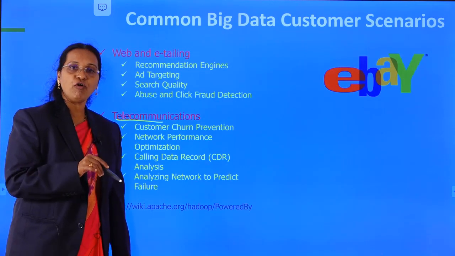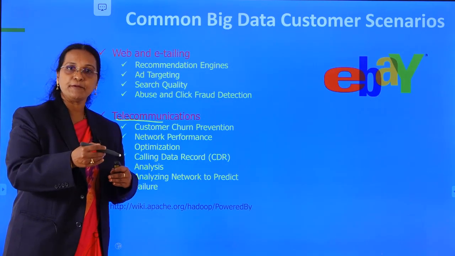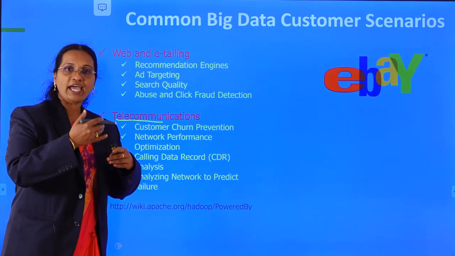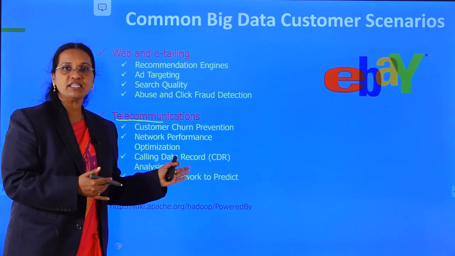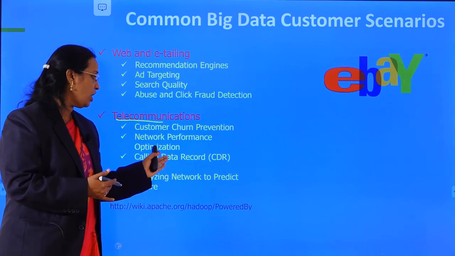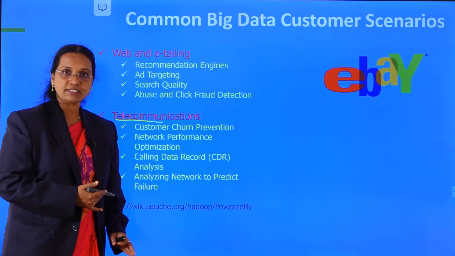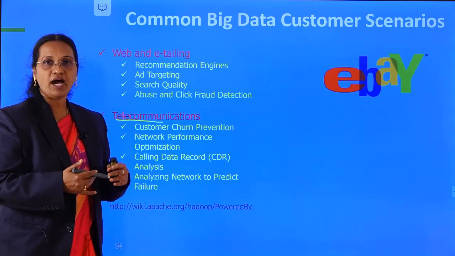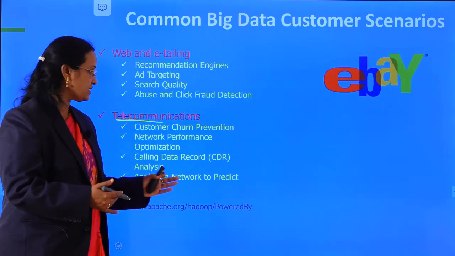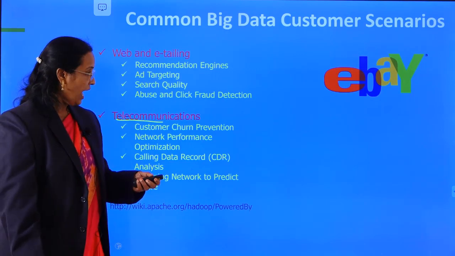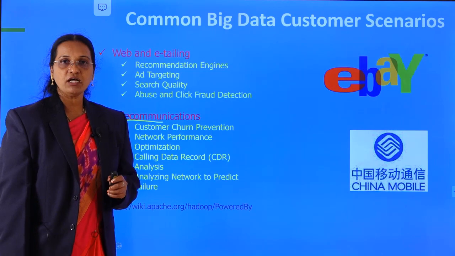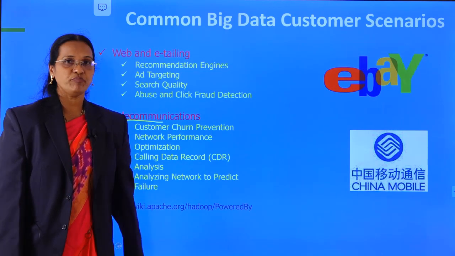From my mobile phone, how many calls I make, how many texts I send, and what WhatsApp data I use, I can analyze using CDR analysis, that is, call data record analysis. This is quite good: if I want to catch any crime, I can catch it using CDR analysis. And China Mobile is the biggest company in the world generating a large amount of big data.